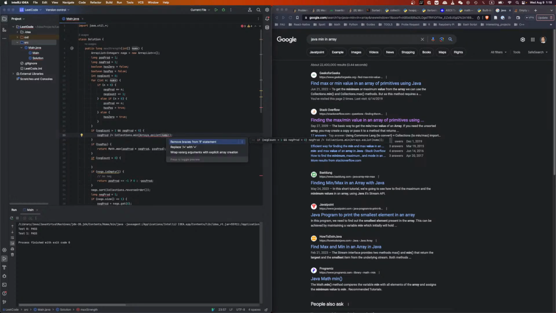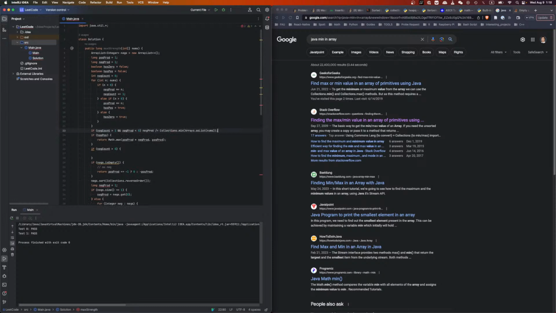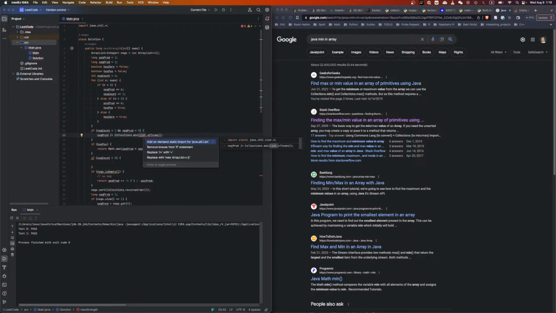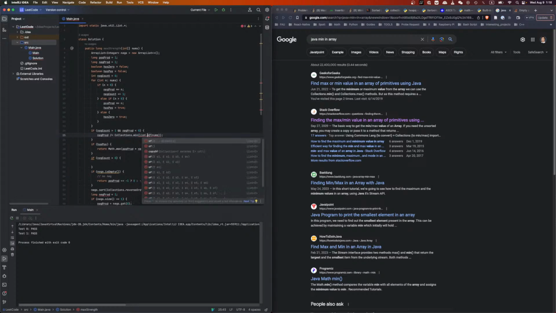What's wrong with this? Remove braces. That's not a problem. What's this? Replace with List.of. Add brace. What do you want me to do? I have no clue.